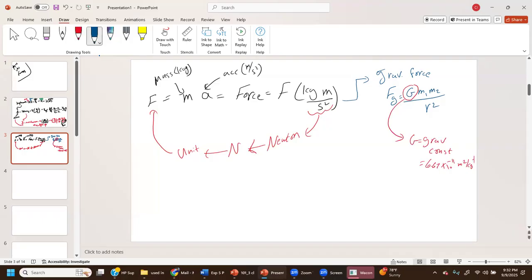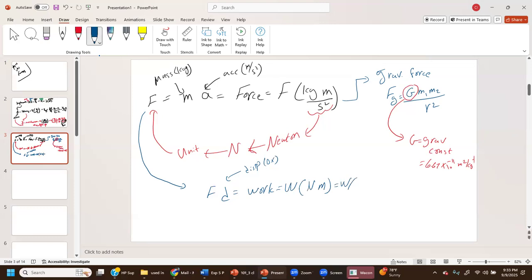Now, we're going to see how we take this force over here and apply it to some displacement, which is going to be your delta x, and that's when we're going to be talking about the work, which is your W, which is going to be Newton meters.